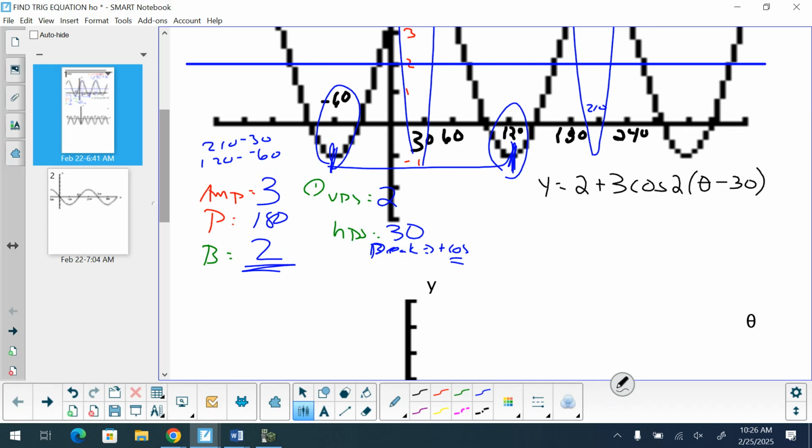I also have a peak at 210. That is the correct solution. Theta minus 210.